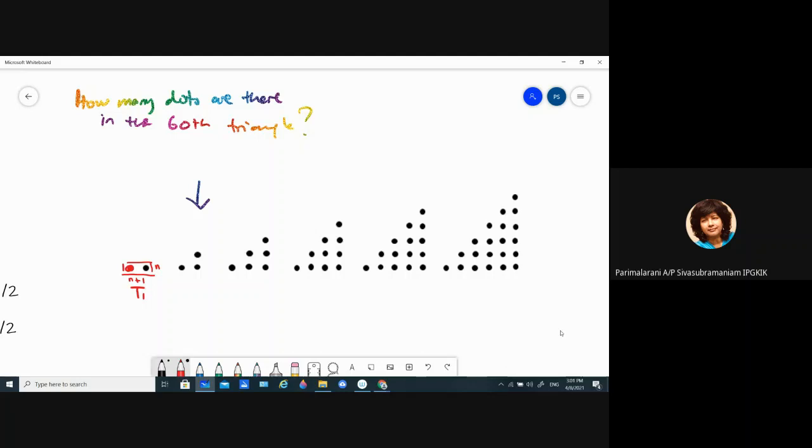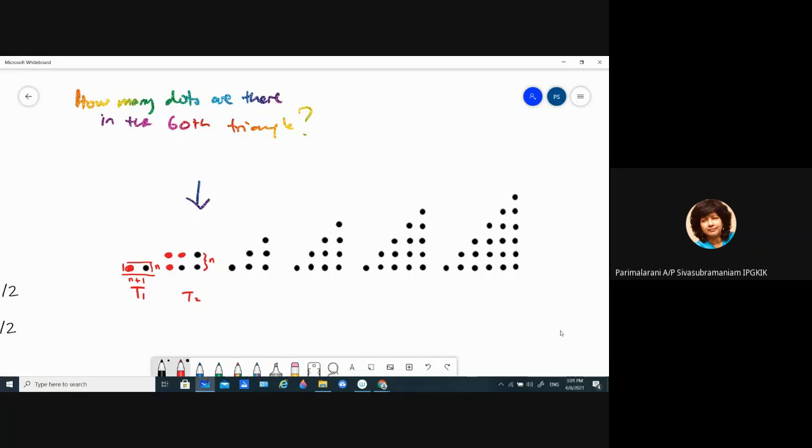Is that correct? Yes. Okay, so for the second one, term 2, if I add one more dot on only one side, so this side is still n. n is 2, term 2.